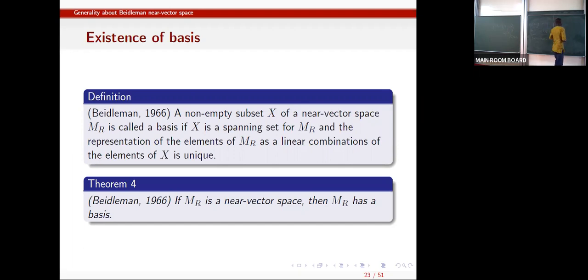So if we suppose that Mi is non-zero, then Mi can be written exactly as MiR because it has no proper R-subgroup, and this MiR is an R-subgroup. So M is equal to the direct sum of MiR. Therefore, the basis is the set of Mi. So it has a basis.